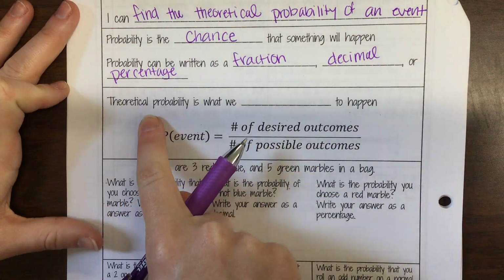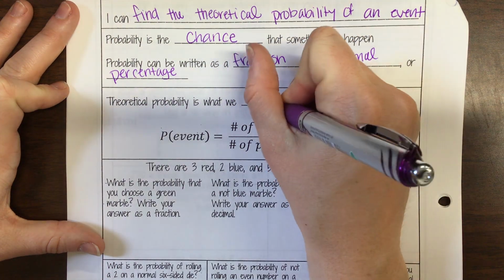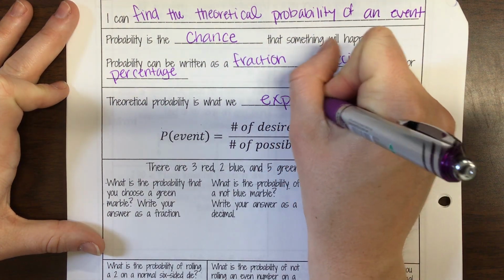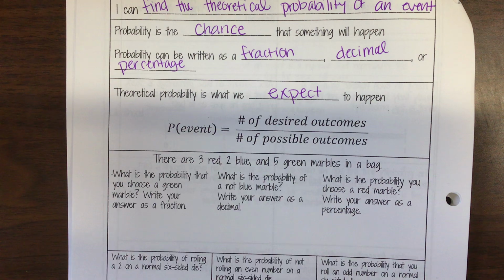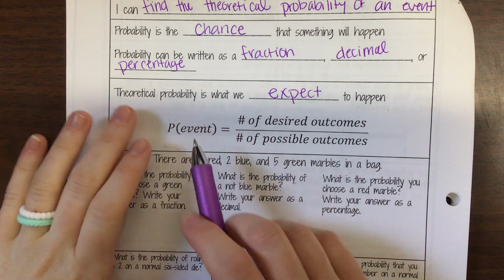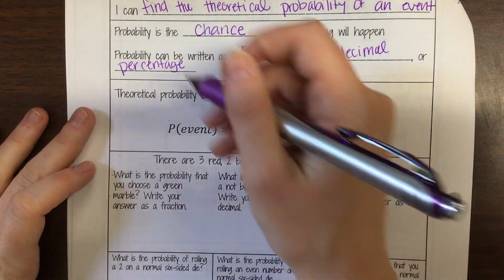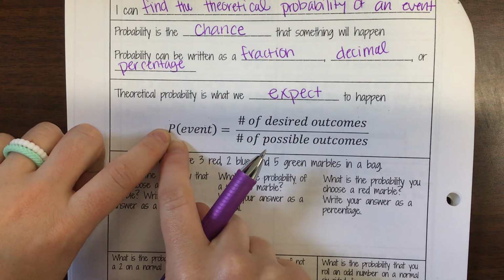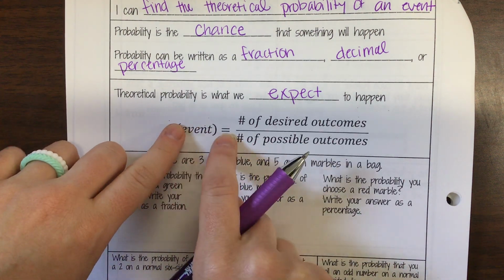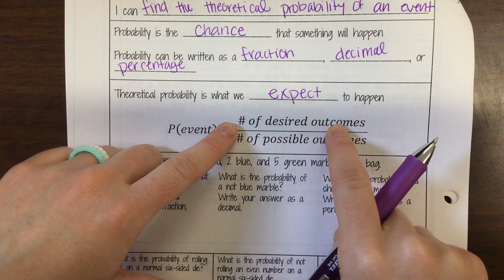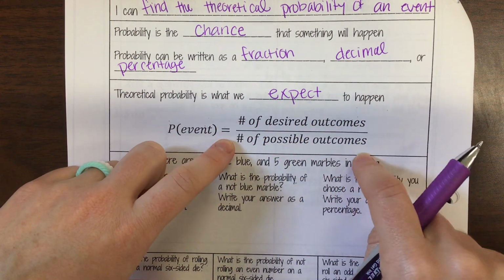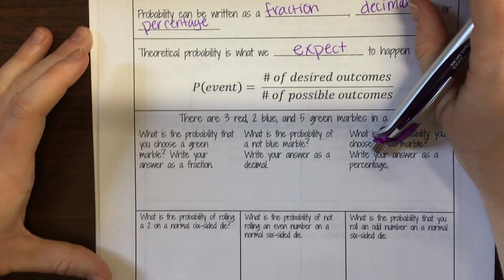So theoretical probability is what we expect to happen. And it's shown by this: the probability of the event. So we say probability of the event is the number of desired outcomes over the number of possible outcomes. Okay?